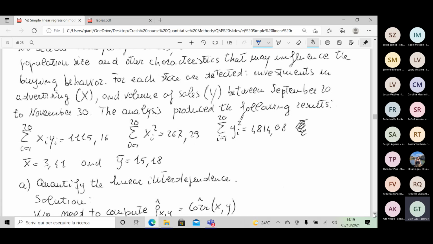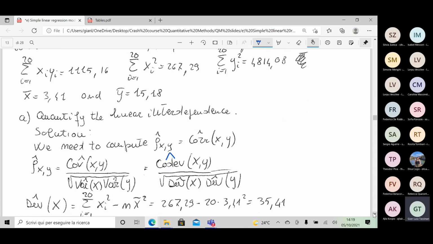Now, question A. Quantify the linear interdependence. What does it mean that we need to quantify the linear interdependence? Which is the measure of the linear dependence? It is the correlation. To quantify the intensity of the degree of linear relationship between the advertising expenses X and the sales Y in our sample of data, we need to compute the sample correlation coefficient.